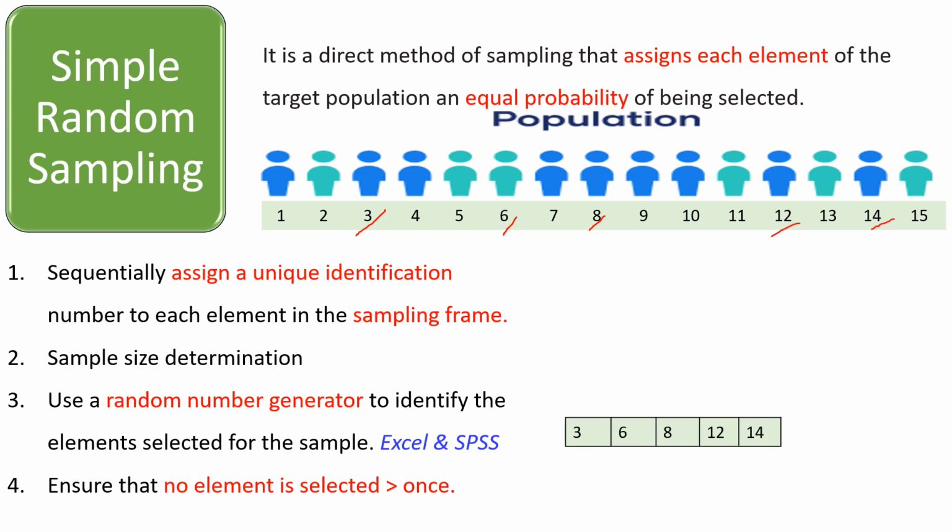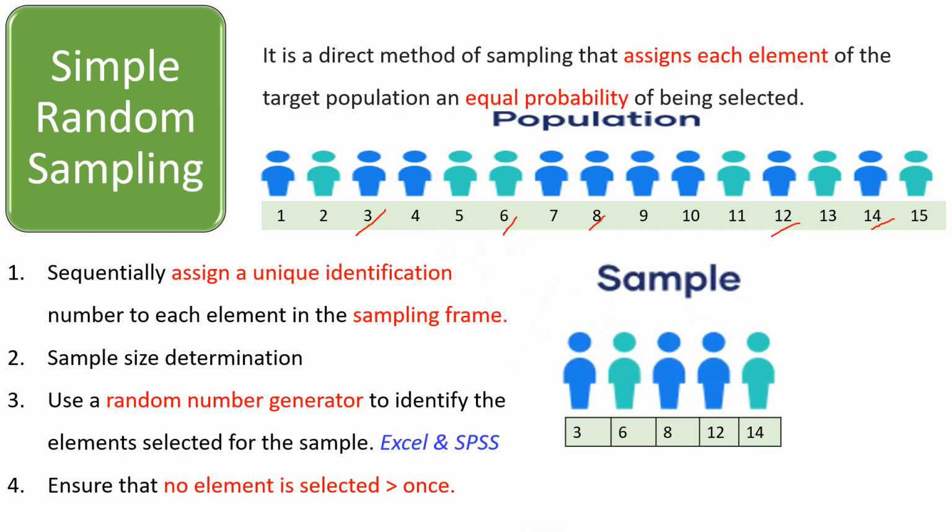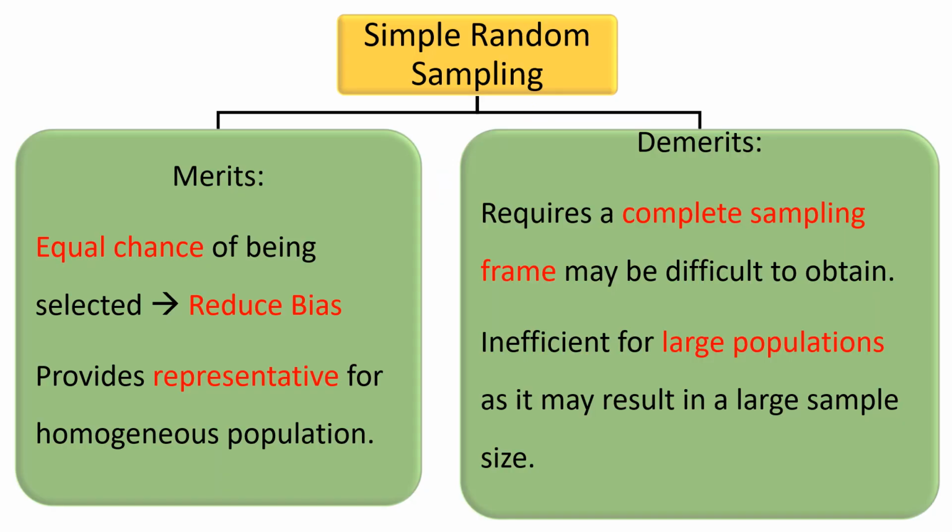So we select these. These are our samples, and we have to ensure that no element is selected more than once. So our sample will be this one. This is the procedure for conducting simple random sampling.